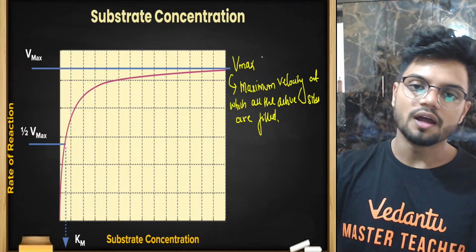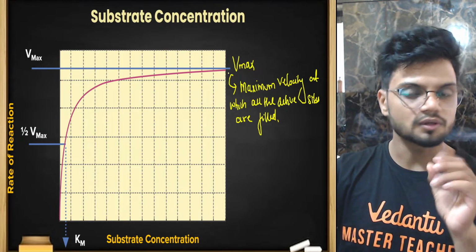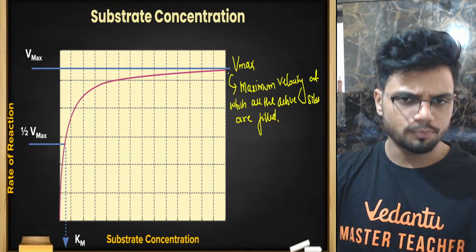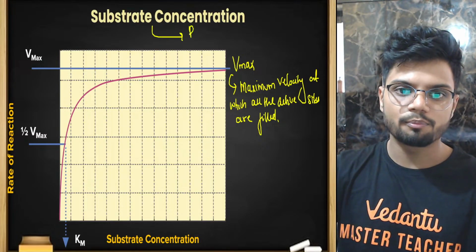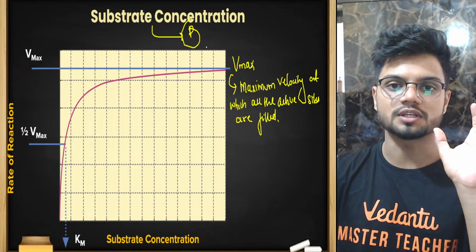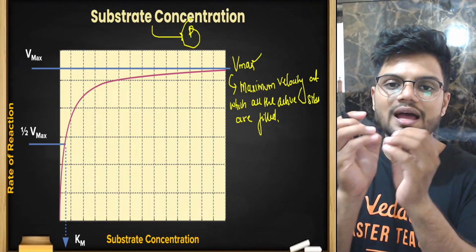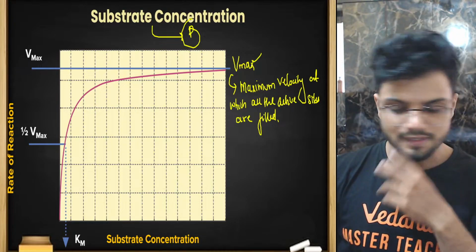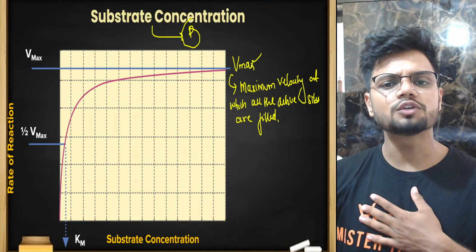It means the velocity at which the enzyme reaction is the fastest. The enzyme is able to work, or the substrate is getting converted to product, at maximum velocity. That is called Vmax. Why? Because at Vmax all the active sites are filled. But students, understand this: Vmax is very difficult to find.